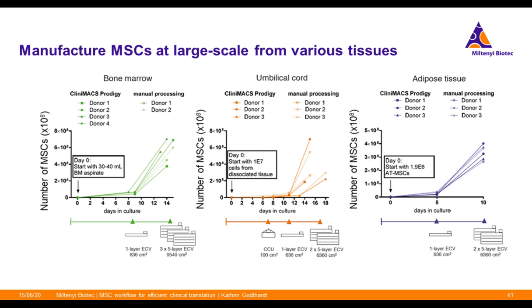But of course, this number can be extended, on the one hand by starting with a higher amount of starting volume or by extending the cultivation period. So here in these experiments, we cultivated the cells for up to 14, 15, 16 days.